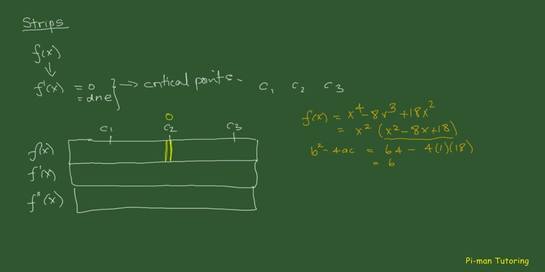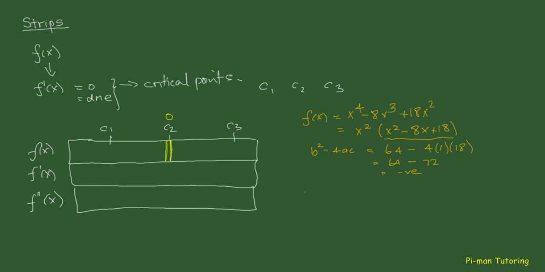So that's 64 minus 72. That's negative. So we're going to be trying to find the square root of a negative number, and therefore we don't have any other zeros in this case.